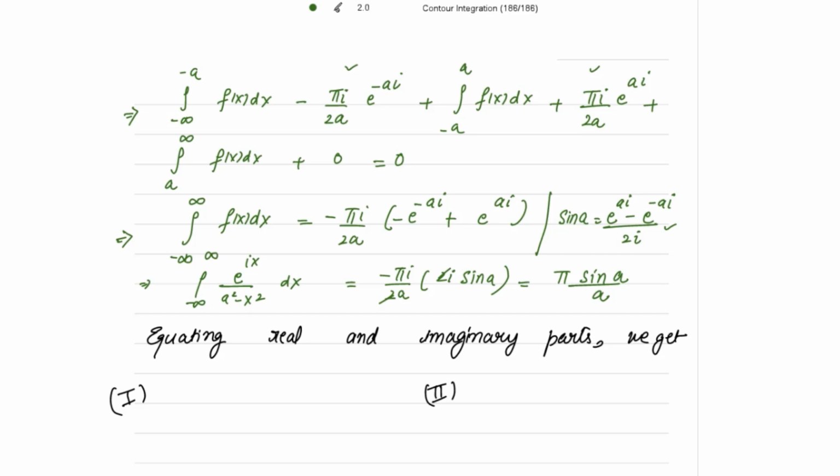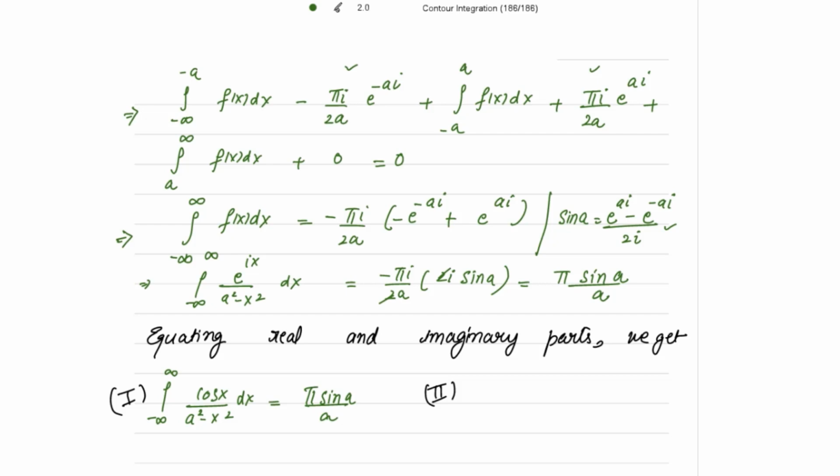So when I equate real parts, because e to the power iota x is cos x plus iota sine x, I get the integral of cos x over a square minus x square dx equal to, now here the real part is pi sine a over a.